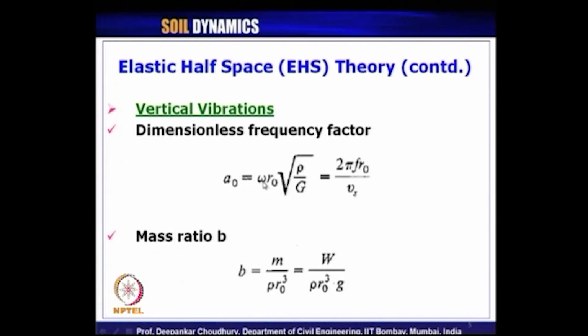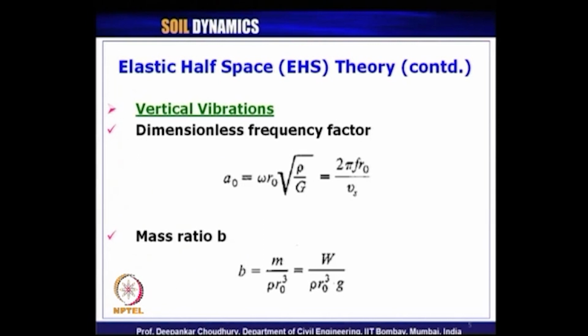If you change from omega to f, in the case of hertz, it will be 2 pi f naught, nothing but omega r naught by V s, shear wave velocity, and mass ratio b is m by rho r naught cube. If you use the weight, then weight by gamma r naught cube you can use.